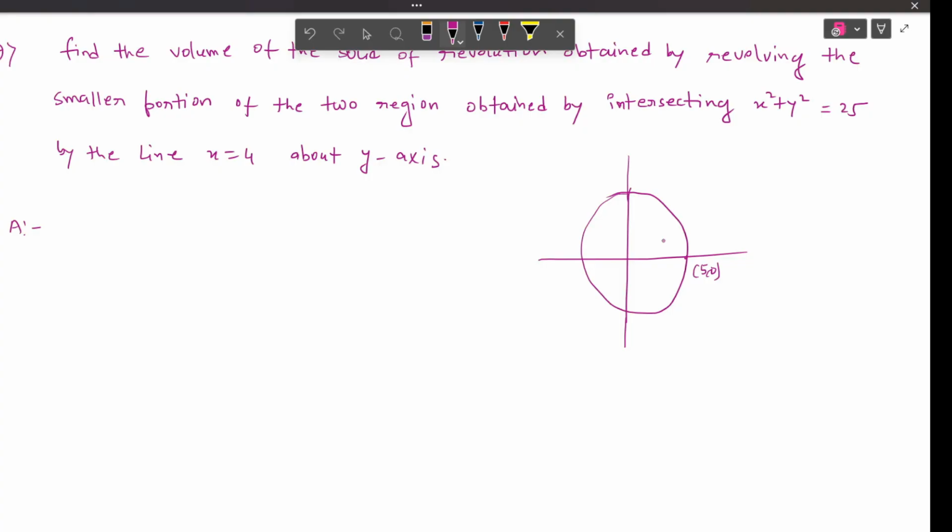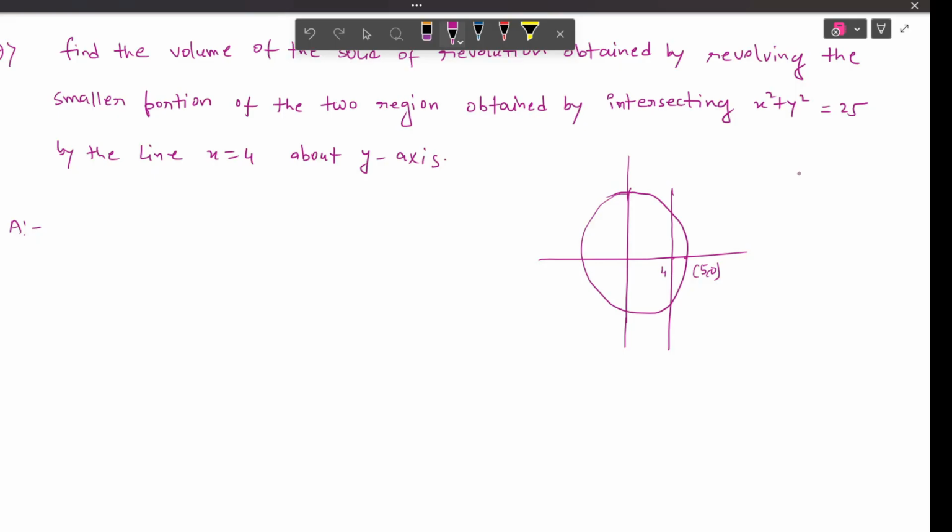Okay. Now we need about the line x equals to 4. So if you draw x equals to 4 line, let us say this is x equals to 4 line.